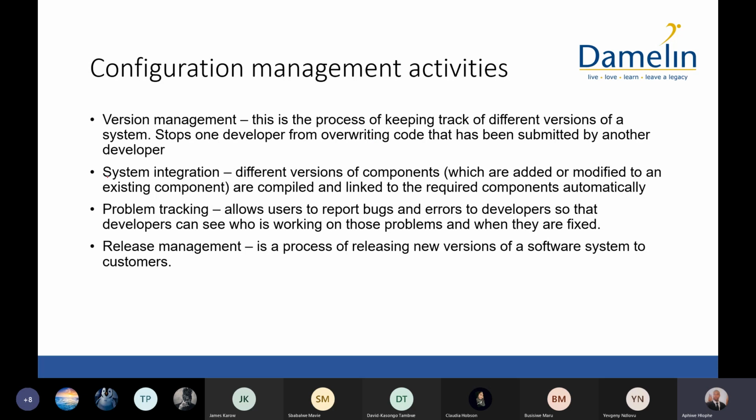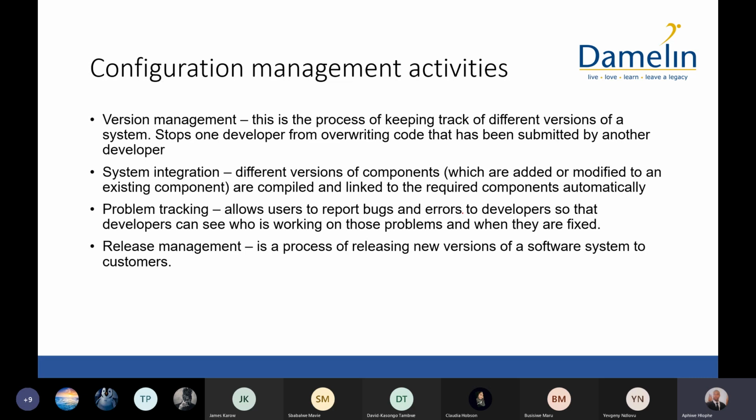So system integration: different versions of components which are added or modified to an existing component are compiled and linked to the required component automatically. So there's some sort of synchronization between the computer that you're working on and the repository itself. Every single time a particular component is modified, the local component version is synchronized to what's in the repository, okay? And then we have problem tracking as well.